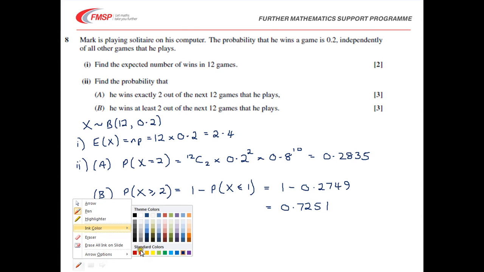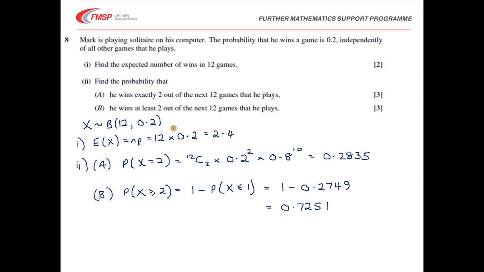Looking at the mark scheme for this question, there's a method mark for multiplying n and p, and an accuracy mark. Notice you're not supposed to round that answer, and if you do subsequent rounding you won't get the accuracy mark. For part 2, there's a method mark for 0.2 to the 2 times 0.8 to the 10.